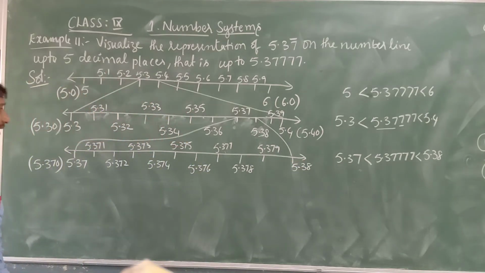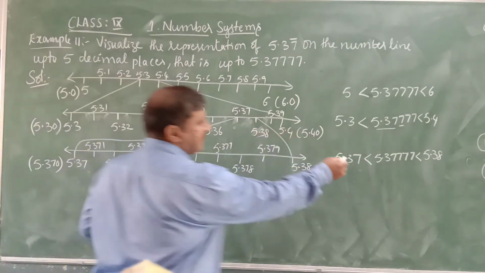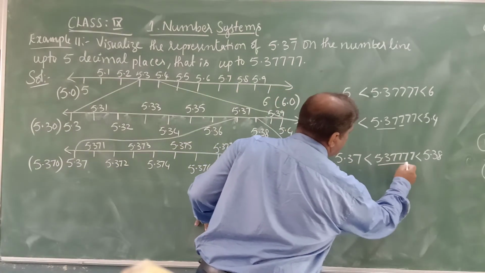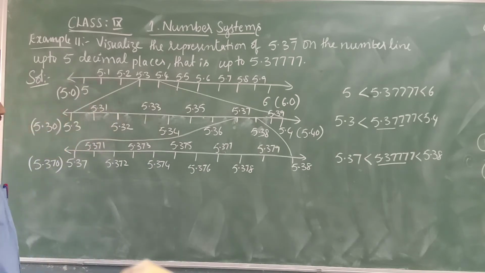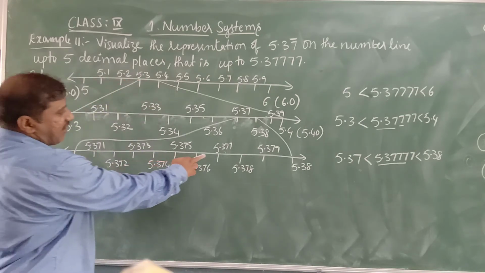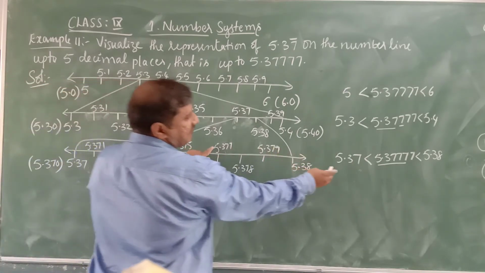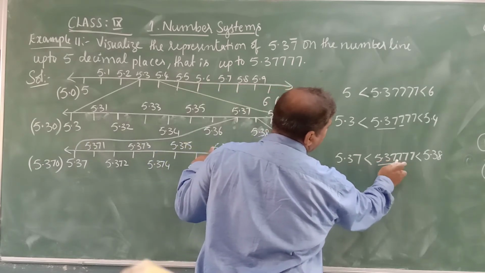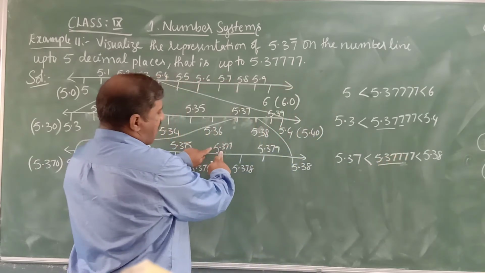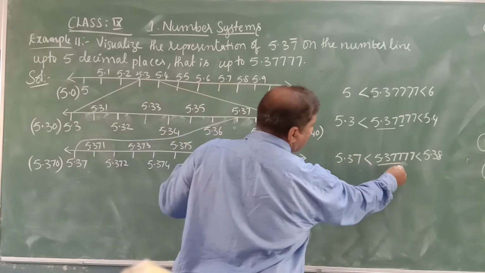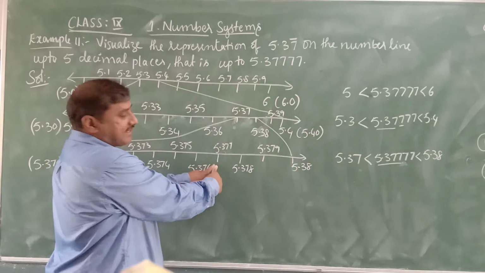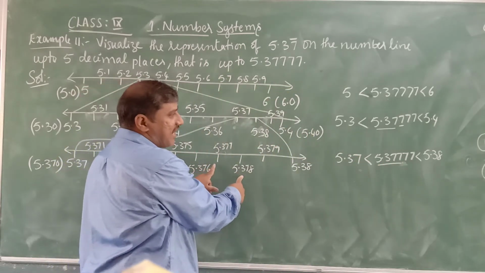See this number: 5.377 has 3 digits, 5.37 has 2 digits. We got 5.377, and next 5.378. So this number will lie in between 5.377 and 5.378.